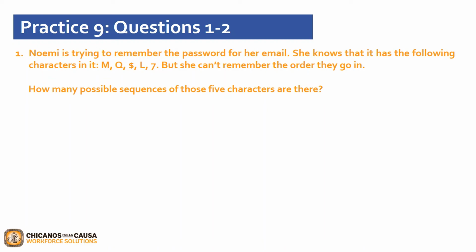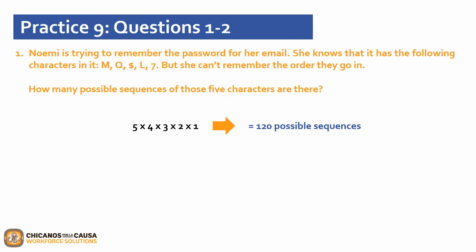So now let's go ahead and solve for it. So we have 5 different possible characters. Once one is used in the first slot, then it decreases, like our prior example. So we have a total of 5. We're going to then multiply by 4 times 3 times 2 times 1. This gives us a total of 120 possible sequences that Noemi has to try in order to access her email.